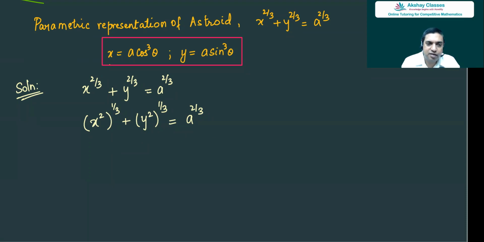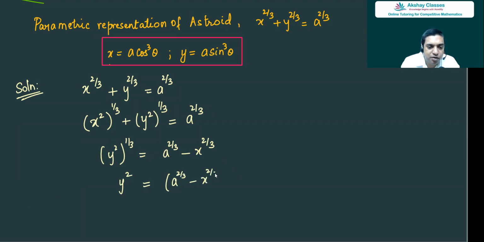So immediately we can know. Now, the region in which the curve lies. This is important. So y square will be a to the power 2 by 3 minus x to the power 2 by 3, whole cube.